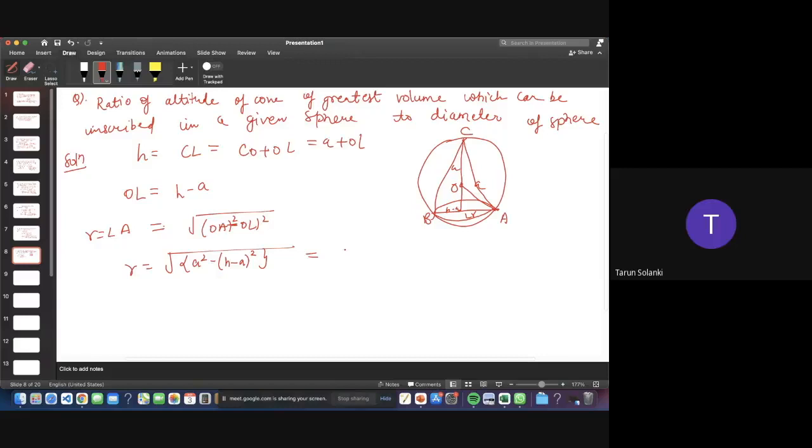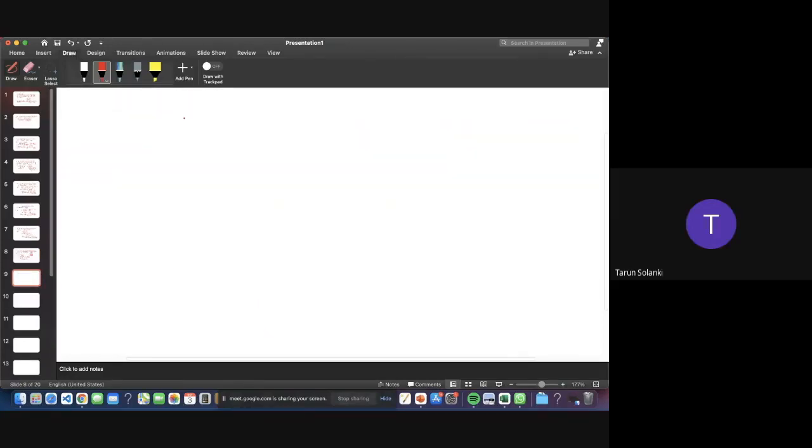So it will be 2ah − h². So V = (1/3)πr²h. So it will be (1/3)π(2ah − h²)h. So finally it will be (1/3)π(2ah² − h³). So finally dV/dh = (π/3)(4ah − 3h²) = 0.